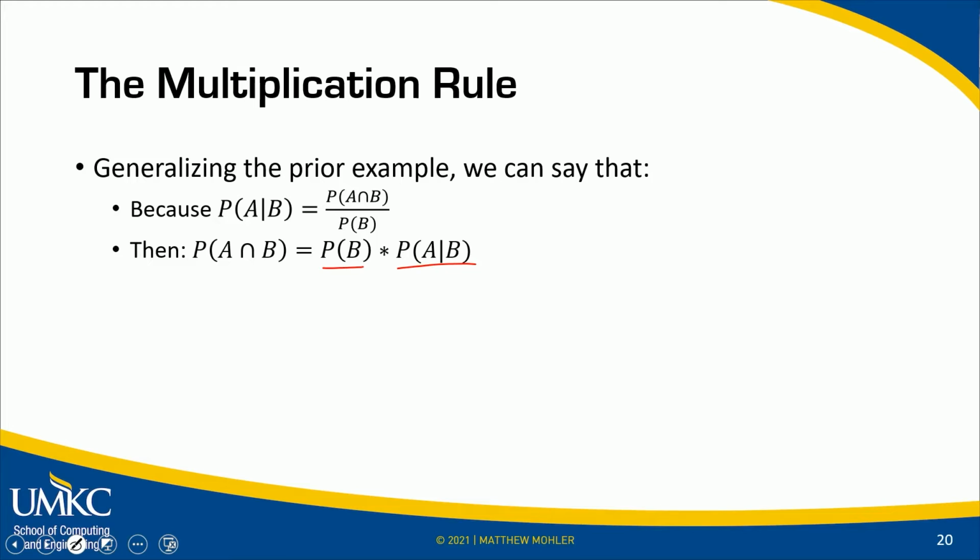Now, we can also say that the probability of A intersected with B is equal to the probability of A multiplied by the probability of B conditioned on A. You may be looking at that a little bit strangely at this point, but remember, we said that in intersections, the order does not matter.